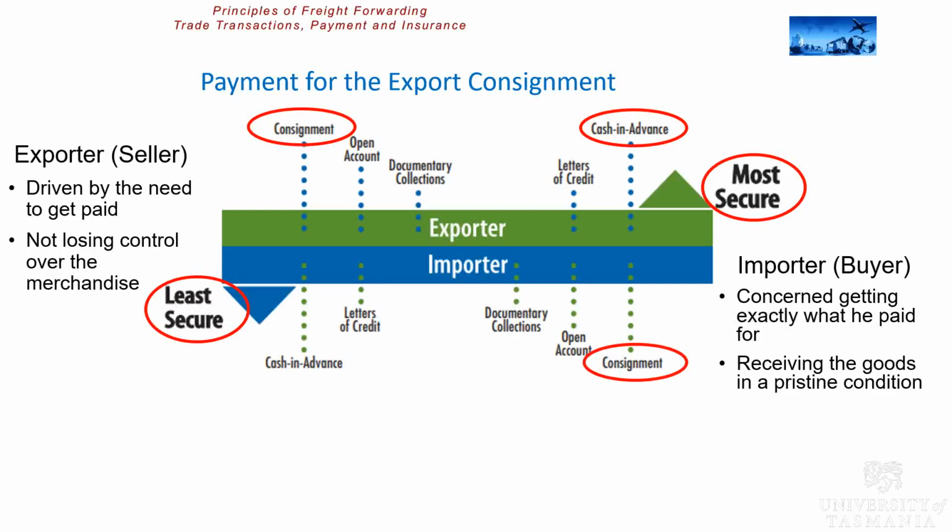So, from their perspective, if they could get the goods on consignment, they can actually fully inspect the goods, they can make sure that they're in a pristine condition, they can then assist themselves with cash flow by selling the goods and then remitting the payment onto the seller, best case scenario.